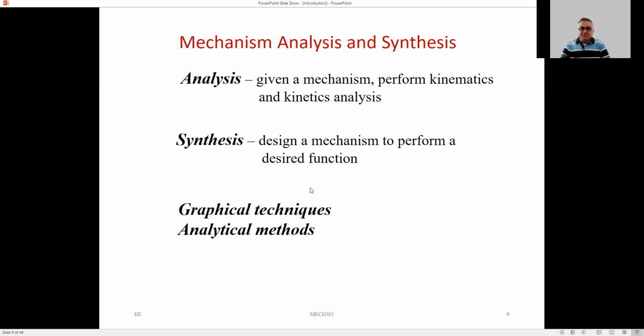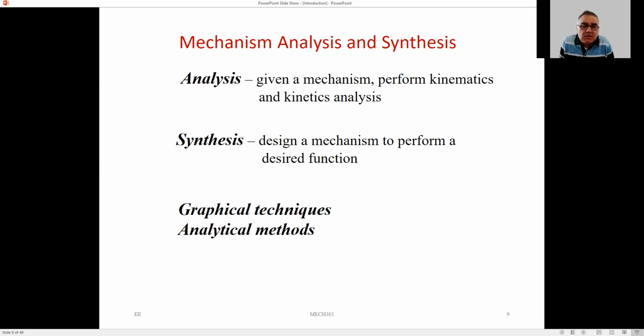How do we do it? Both analysis and synthesis can be done by graphical techniques, which is kind of old now because we have computers nowadays. Graphical techniques usually rely on drawing, but still you can use graphical techniques to get some idea about what you are doing.